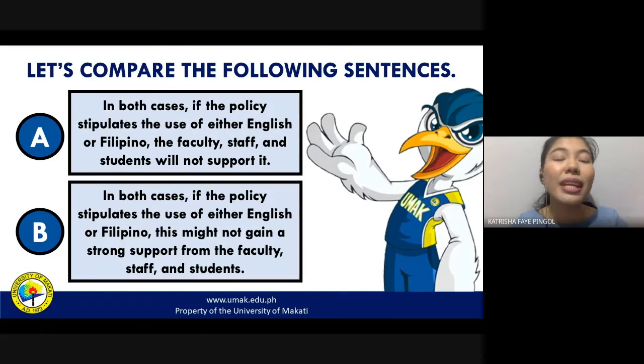To mitigate the strength of the first sentence, the second sentence used the phrase this might not gain. Instead of saying will not support it, the writer hedged the sentence, so there's a certain level of uncertainty included.